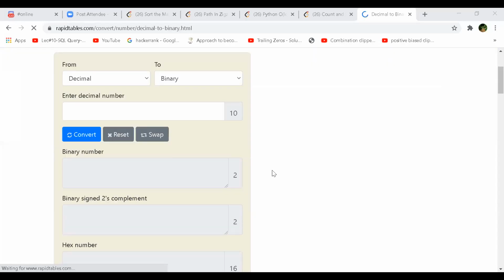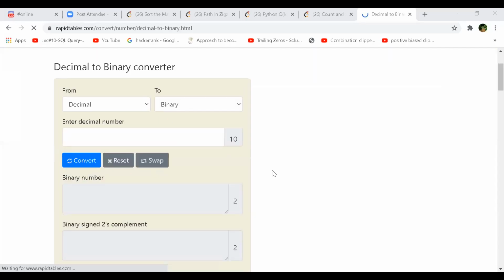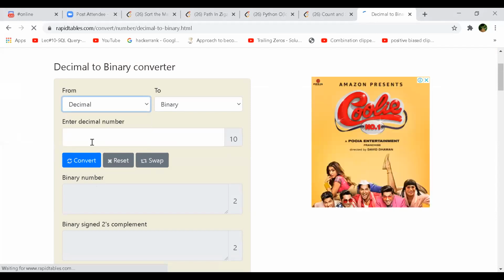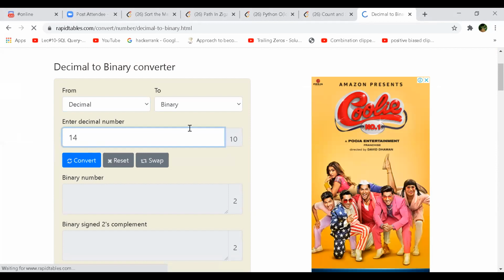Second. Yeah. This table, right? Yeah. Yeah. Can you type 14 where like in enter decimal number just below this? So, Just keep it as In the second. second, yeah. Just yeah. Yeah. Convert.